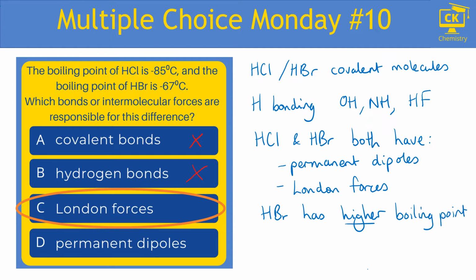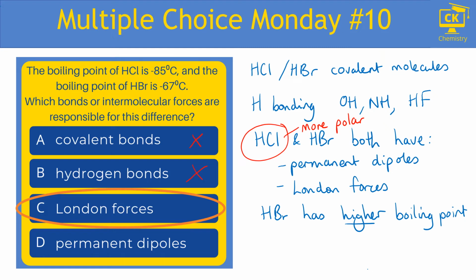So if I was to consider the permanent dipoles, the HCl bond would be more polar. That's very rarely a reason for a noticeable difference in boiling point, however. So if you were comparing two molecules where one of them had a permanent dipole and the other one only had London forces, then it would be likely that the one that has the permanent dipole may have a higher boiling point.